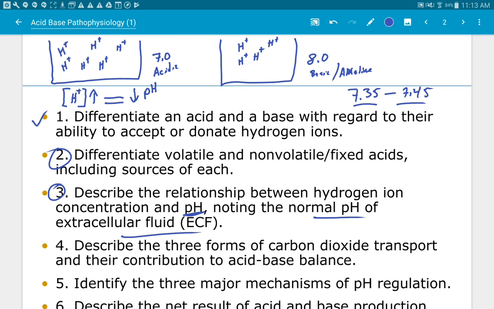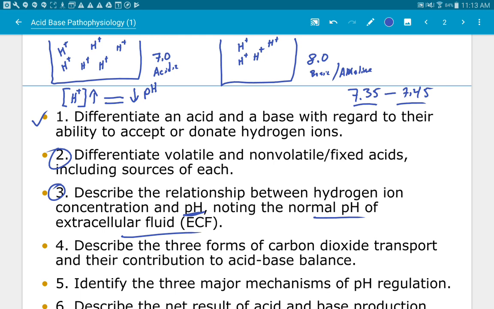Differentiate between volatile and non-volatile fixed acids, including the sources of each. Okay, this isn't too bad. It sounds really odd, volatile. Like, what in the world, explosions or something? No. Volatile means that something can turn into a gas. There are some acids in your bloodstream that can turn into a gas. The key volatile acid is carbon dioxide.